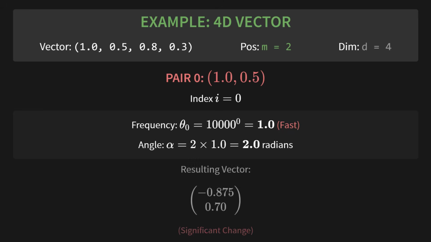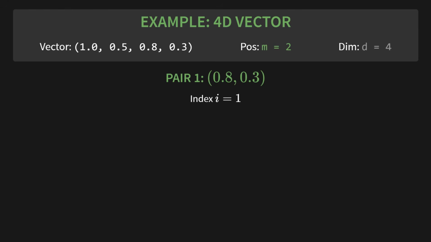When we apply that rotation, look at the result on the slide. The vector changes from 1, 0.5 to negative 0.875, 0.7. That is a significant change. Now let's do pair 1. The values are 0.8 and 0.3. The index is i equals 1.